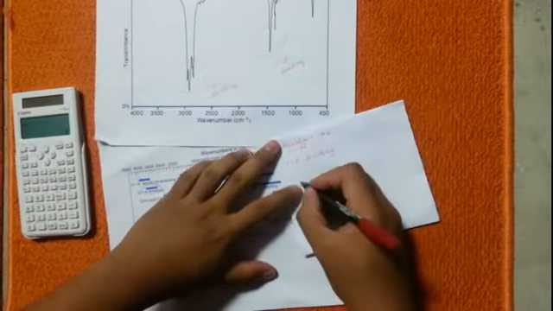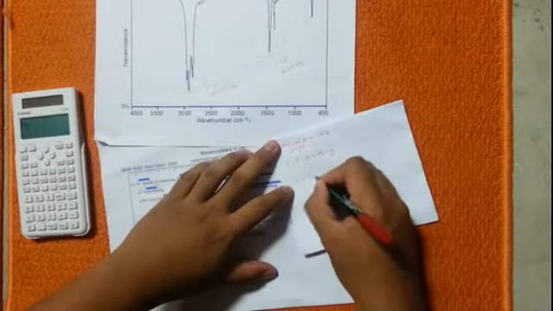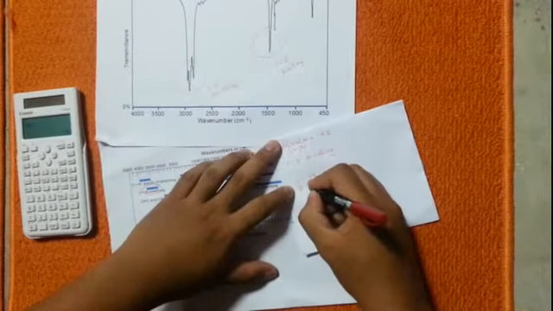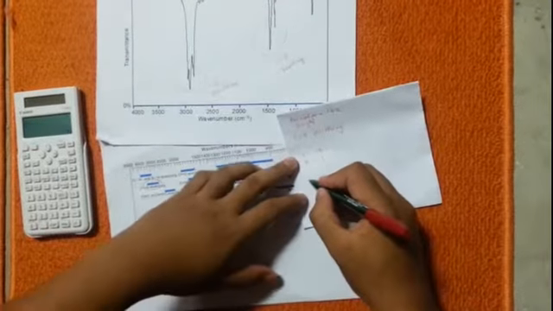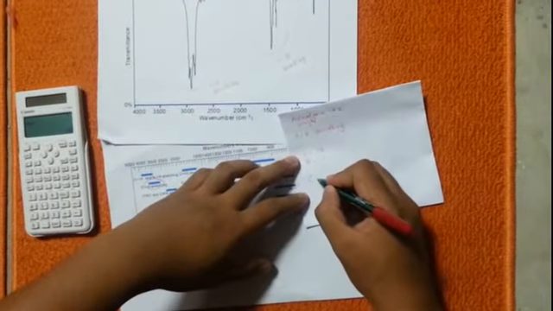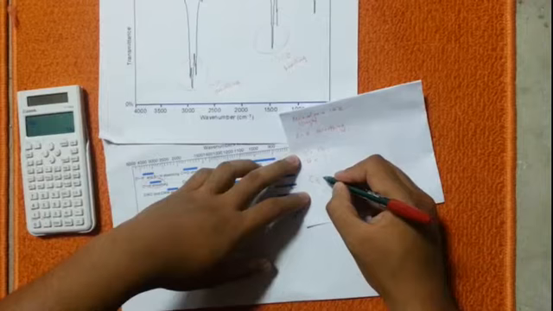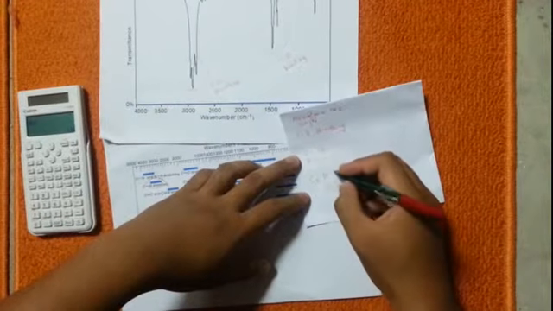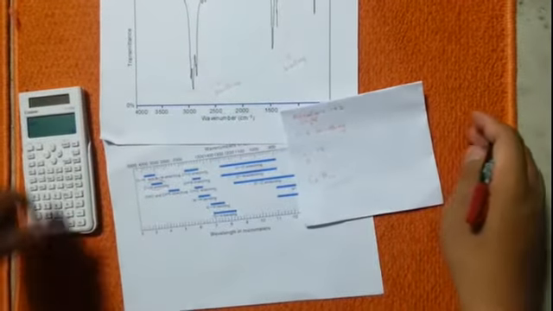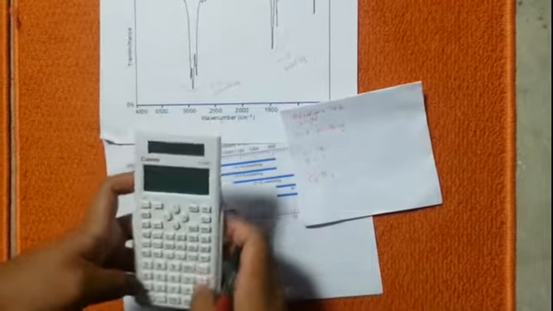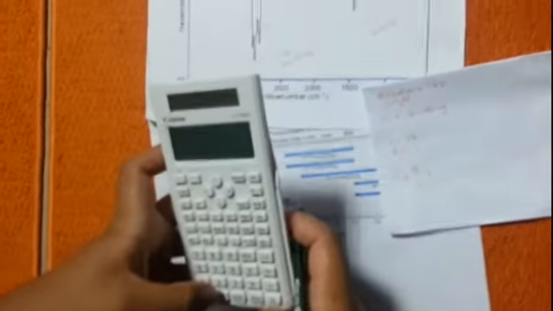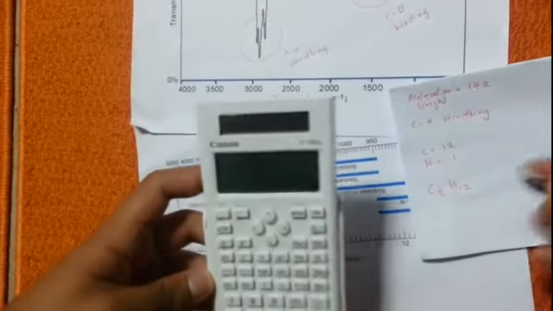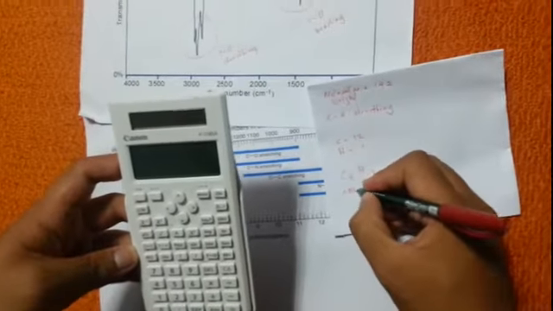So carbon is 12, hydrogen is equal to 1. Let's say that carbon 6, H12. So the answer is 84.